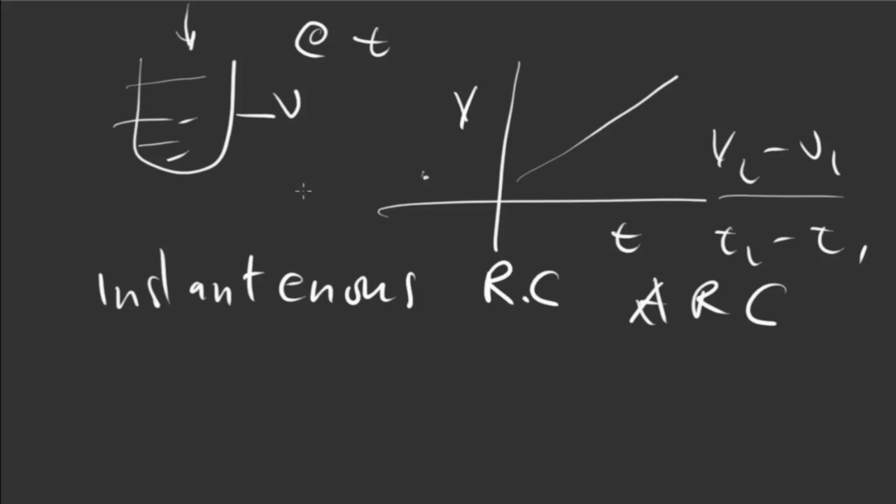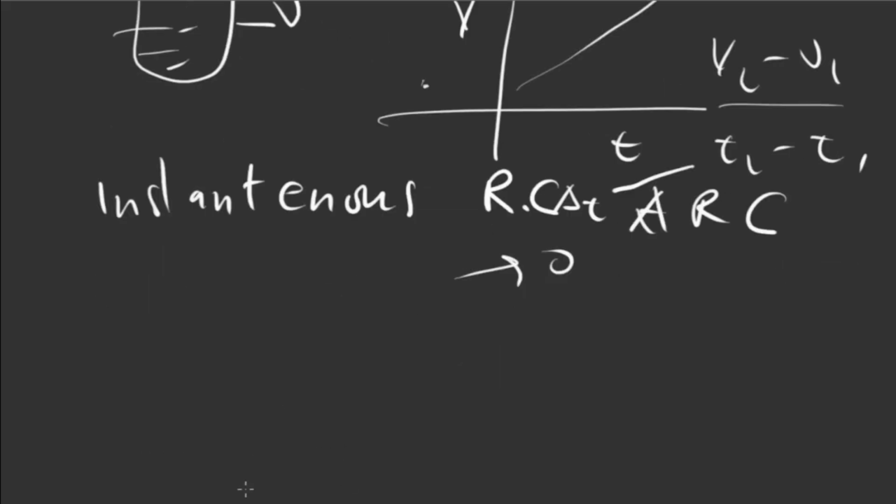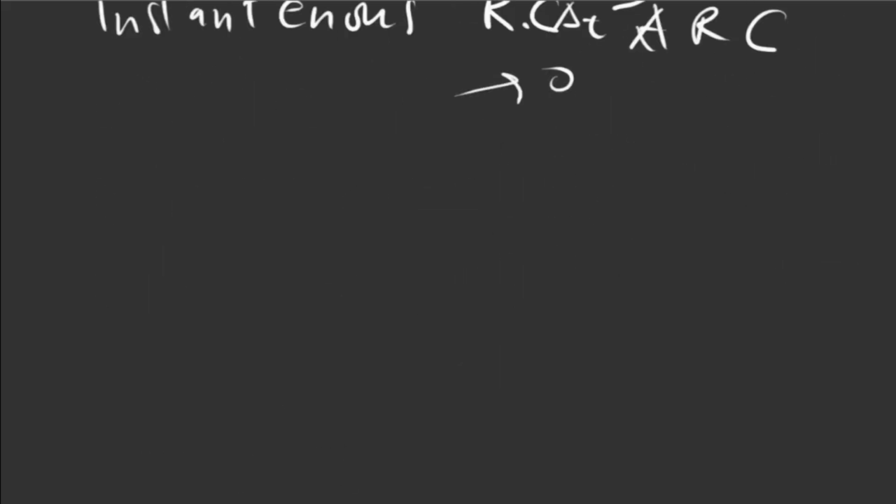At that instant, what will be the volume? This is why we try to narrow down the delta t to be close to 0. So this is an example of limits.